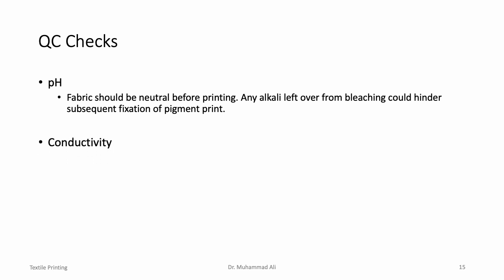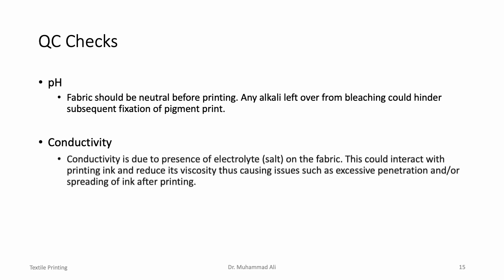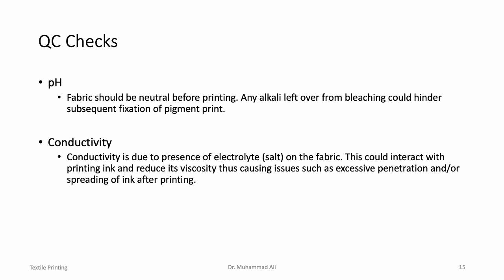And yet another important fabric parameter that we need to check is the electrical conductivity of the fabric. Fabric can be slightly electrically conductive due to the presence of an electrolyte, for example salt. Now the question is, where could salt come from on a fabric? Salt could also be produced during the preparatory processes such as bleaching. And if salt is present in the fabric, then again it can interact with the printing ink in unwanted ways.